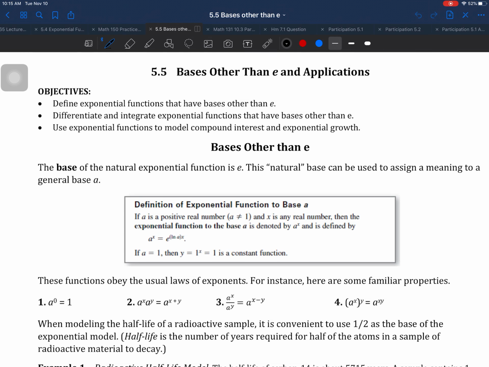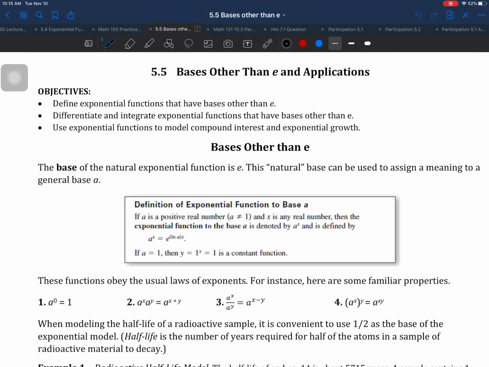So the definition of an exponential function to base a: if a is a positive real number other than 1 and x is any real number, then the exponential function to the base a is denoted by a to the x and is defined by a to the x is equal to e to the natural log of a times x. Now, let me show you real quick how these two things are the same.